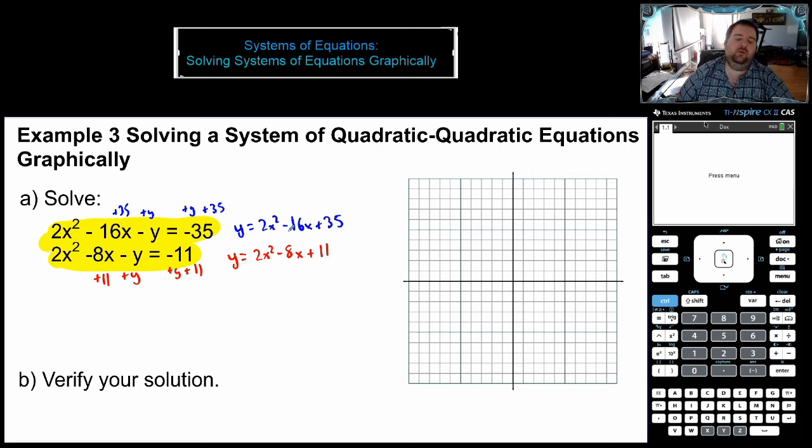Now that we have these things isolated, we can go ahead and try to start graphing them. Now, they don't look like they're very useful as they stand right now. So what we're going to do is determine the vertex form equation of them. Let's start with the one in red. So I'm going to use standard completing the square for this one.